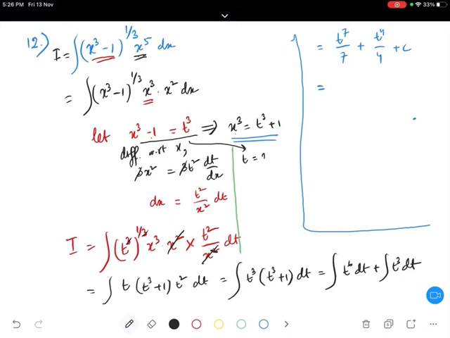So t is (x cube minus 1) to the power 1 by 3, yes or no? So t to the power 7 will be (x cube minus 1) to the power 7 by 3 by 7, plus (x cube minus 1) to the power 4 by 3 by 4, plus c. Okay, am I clear?